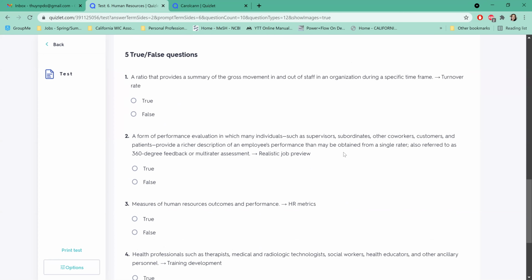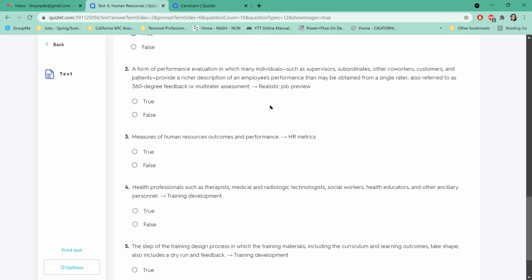Hopefully this might be less difficult. Actually, the questions seem pretty good too. So, a ratio that provides a summary of the gross movement in and out of staff in an organization during a specific time frame. Is that considered a turnover rate, true or false? We've got T, True. Tango.